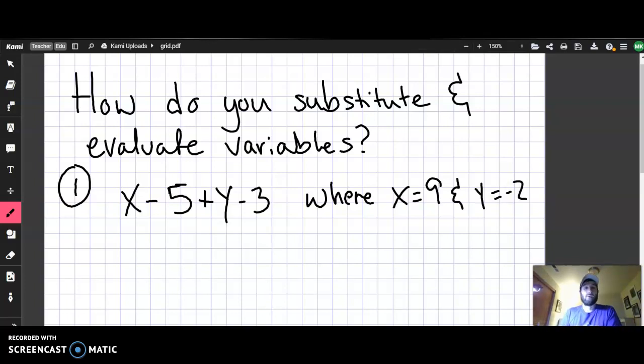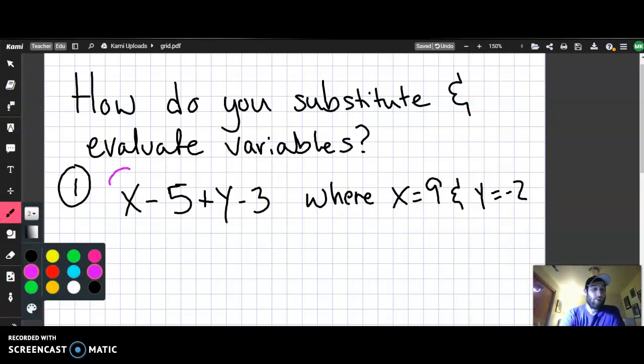Because here's the part that's about the evaluating and the substituting, is we're not just looking at expressions. And remember, an expression is any of these combinations of variables, operations like addition, subtraction, multiplication, and division, and numbers without an equal sign.